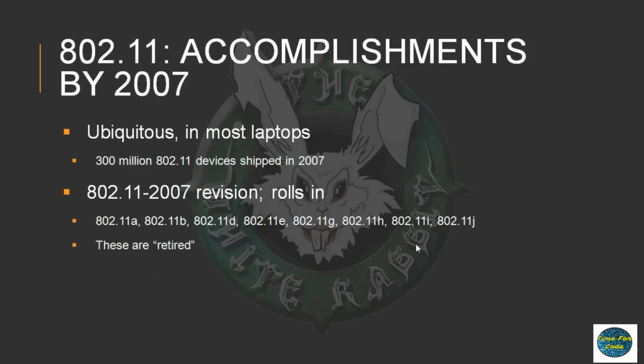So for example, 802.11a, b, d, e, g, h, i, j, all of these got rolled into the base specification in the 802.11 2007 revision. So officially now we shouldn't be talking about 802.11a, 802.11b, e, and 802.11g and so on, because they are actually part of the base specification. But for convenience and out of habit, people still do refer to these as 802.11g, etc., rather than the corresponding section in the base specification.